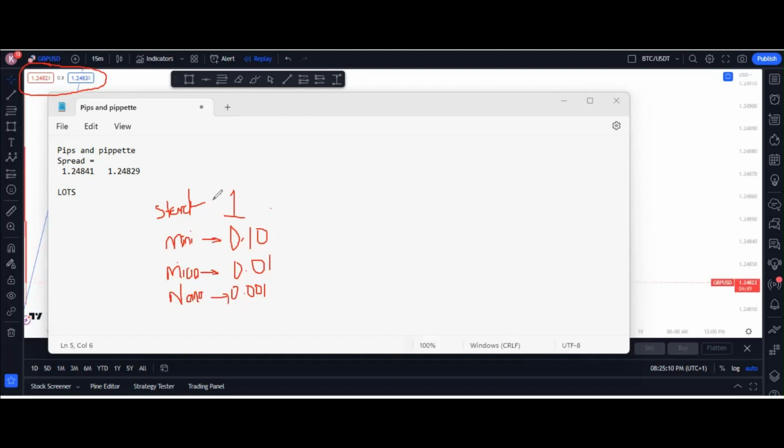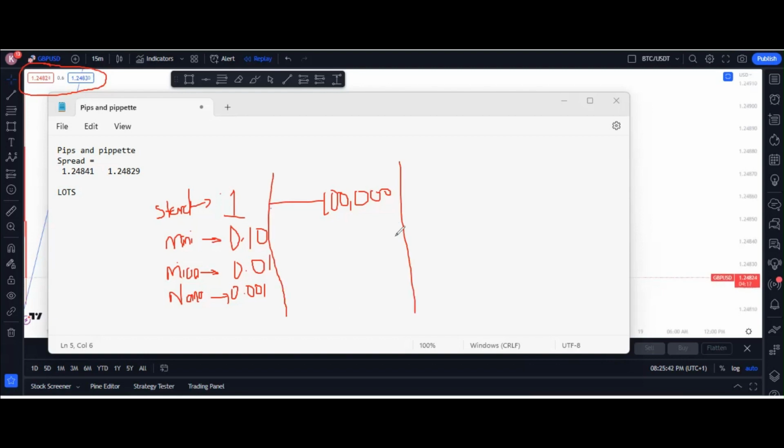So when you are placing a standard lot with your broker, it means that you are telling your broker to buy you 100,000 units of that currency. Now you are using one lot to buy 100,000.